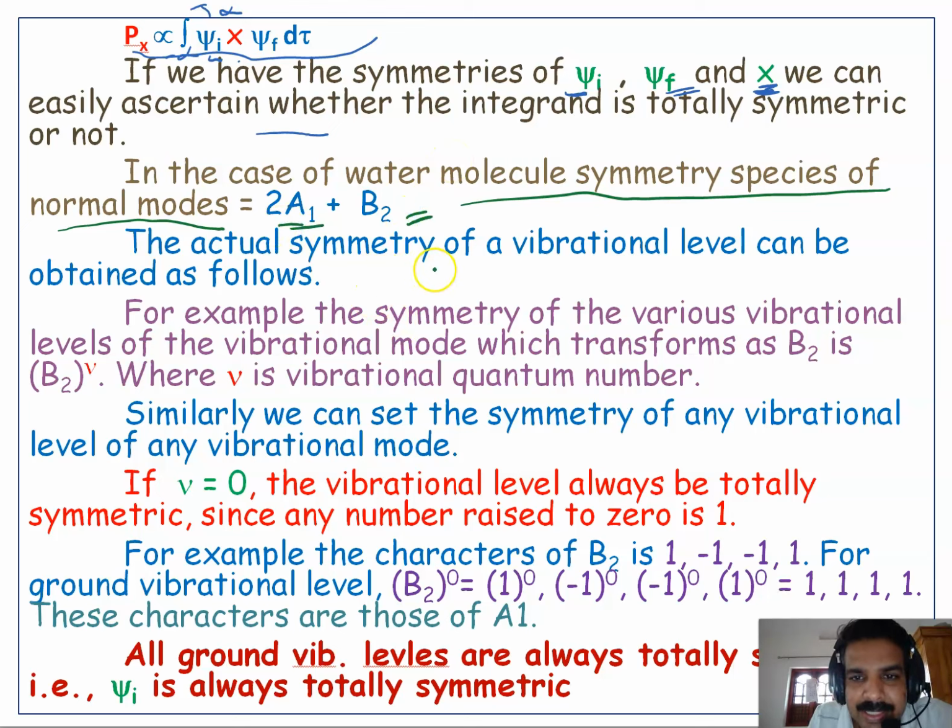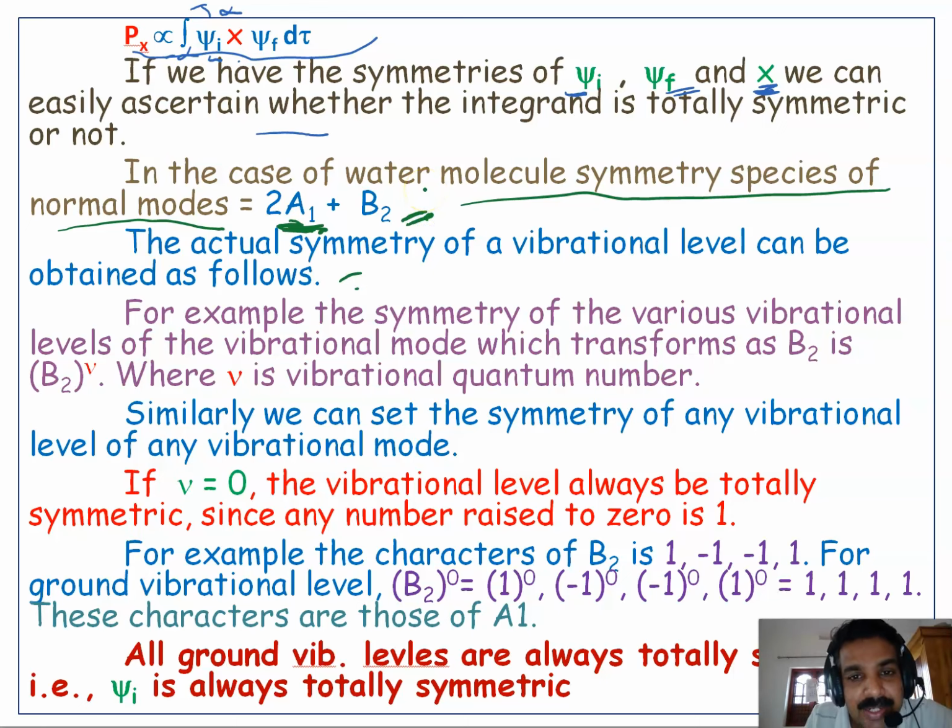The actual symmetry of a vibrational level can be obtained as follows. We have three vibrational modes: symmetric stretching, asymmetric stretching, and symmetric bending. The symmetry of these modes: symmetric stretching is A1, symmetric bending is also A1, and asymmetric stretching is B2.